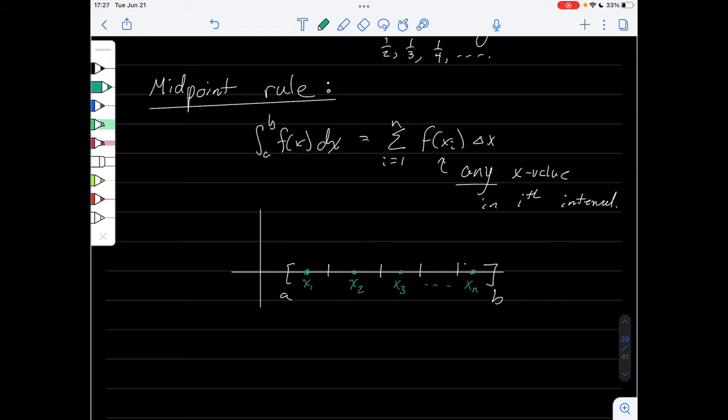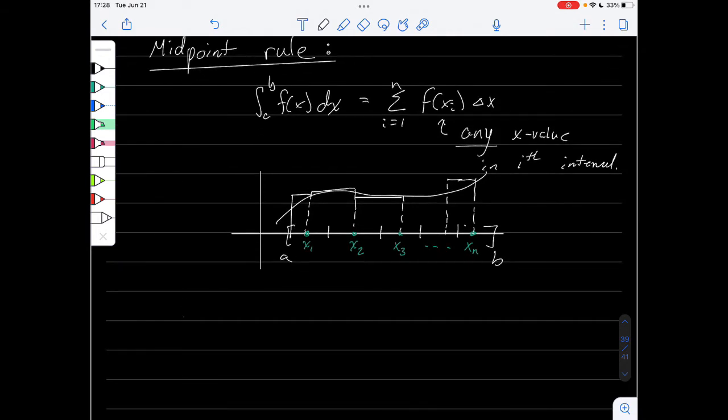We're just picking the midpoint of it. And if we have a function defined on that interval, we're just going to make our rectangles from the midpoint up to the next midpoint. And that's it. And x sub n is going to go to whatever the previous midpoint was.